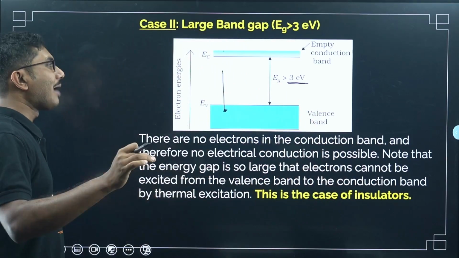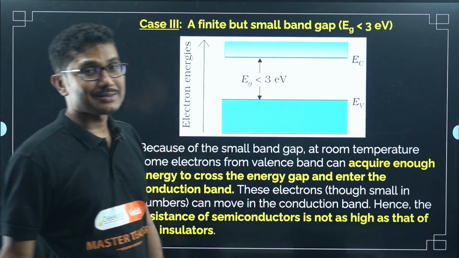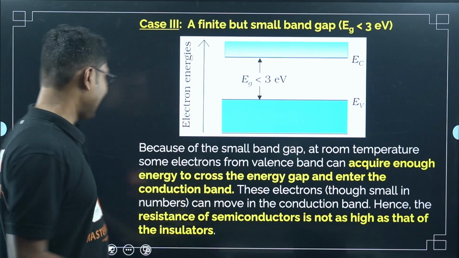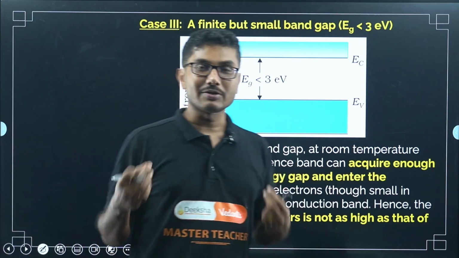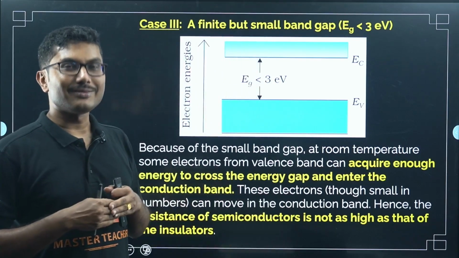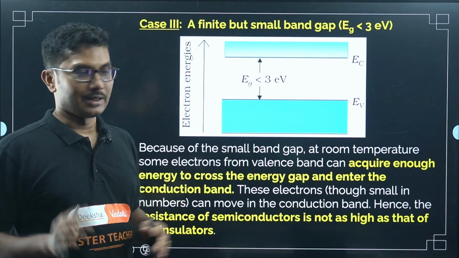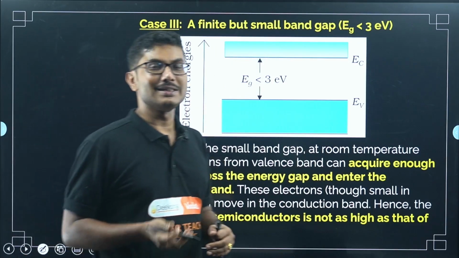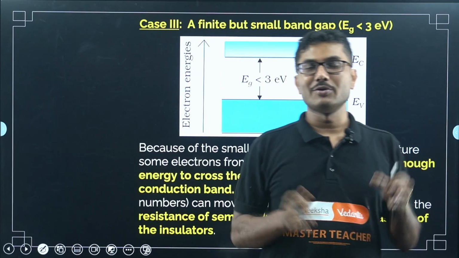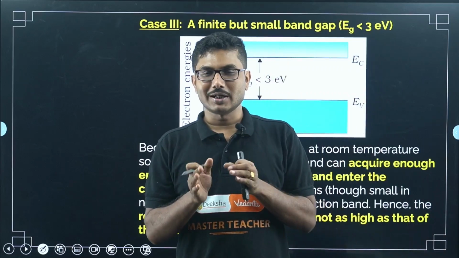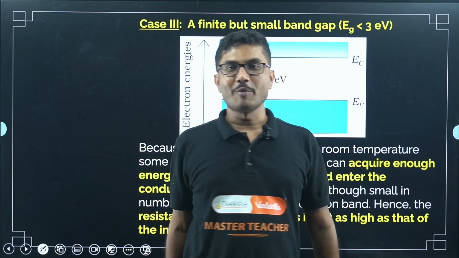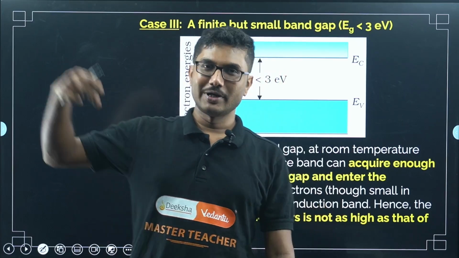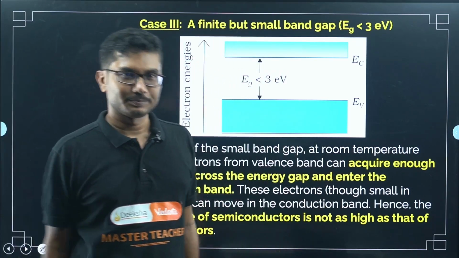Now what will happen if the band gap is less than 3 electron volts? Obviously, next question. So we have put our emphasis on that 3 electron volts. If it is more than 3 electron volts, it is an insulator. If it is less than 3 electron volts, that means your neighbor's balcony and your balcony are close to each other, not exactly touching, but if you jump from your home to your neighbor's home, then you can reach there.